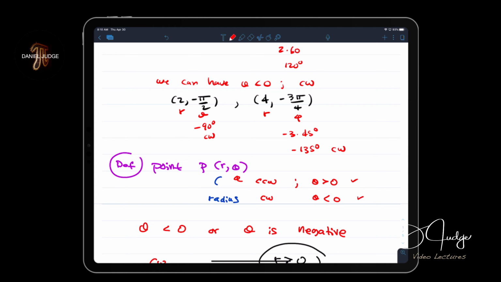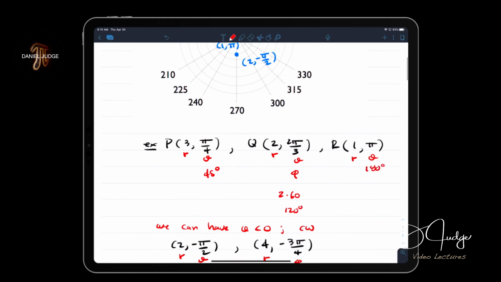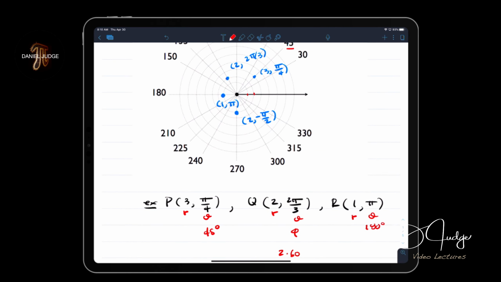So I need 4 for a radius. I go up here and say 1, 2, 3, 4. And then I have to rotate clockwise 135 degrees. How do we rotate 135 degrees? This is 90, and this is 180. Oh, that's too much.